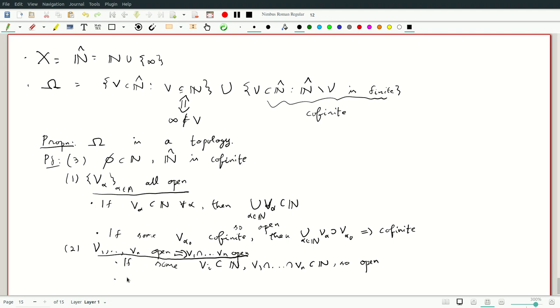Otherwise, if all Vi are cofinite, then the same argument as before tells you that V1 intersection ... intersection Vn is cofinite.